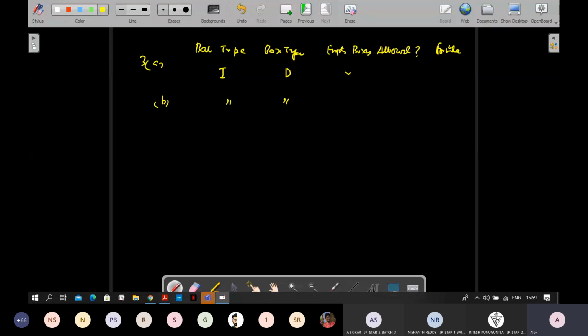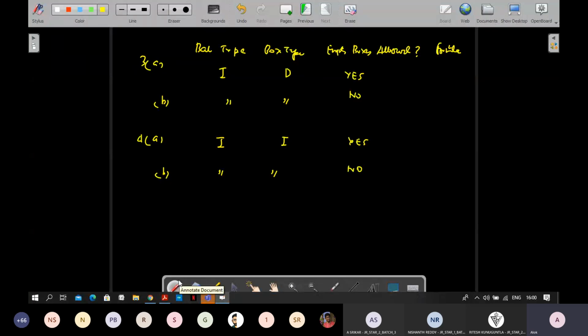Here empty boxes allowed, yes, no. Then 4A, 4B means 8 problems, 8 types. Identical, identical, yes, and here identical, identical, no. Now this is again something you know already.